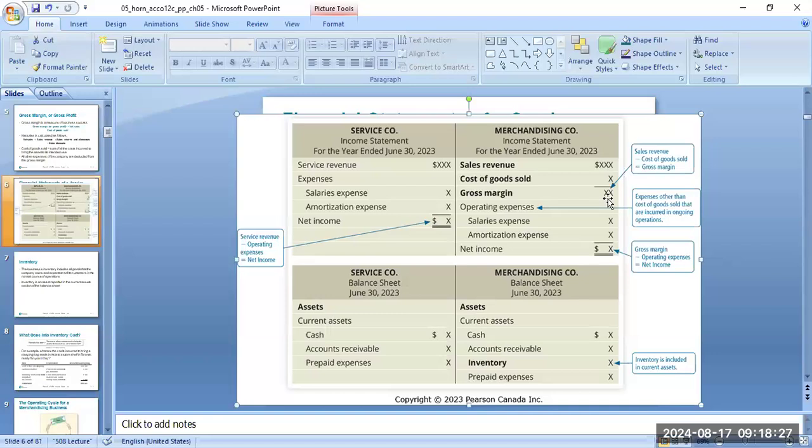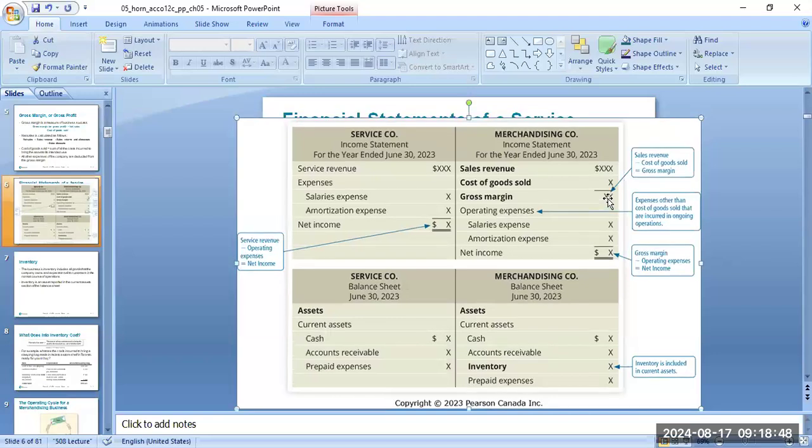For the merchandising company, we're going to have a separate inventory account. We're going to have a beginning balance and an ending balance, and we're going to keep track of the cost of the inventory that we purchase, so we can keep track of the cost of goods sold once we sell them.